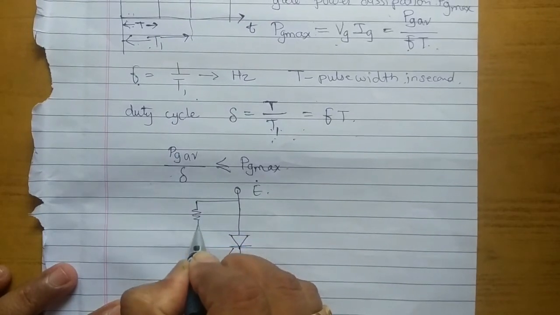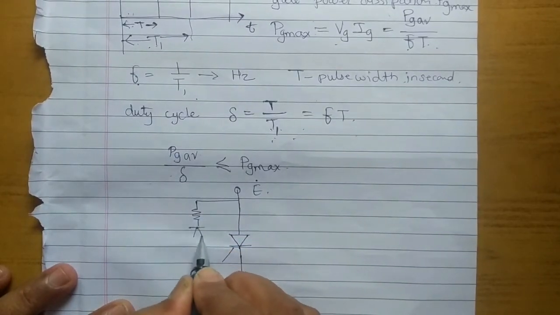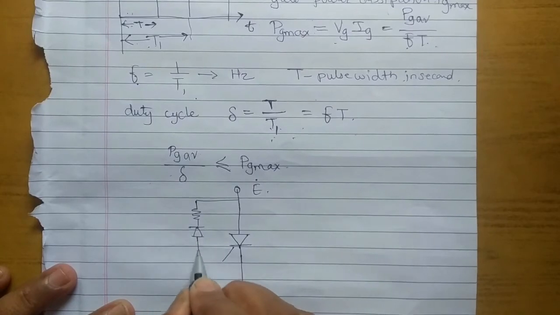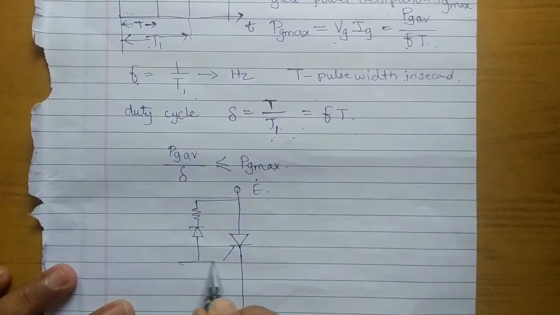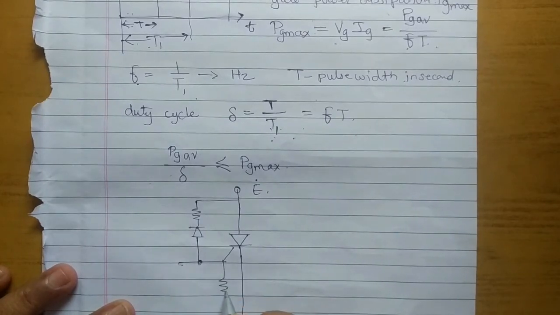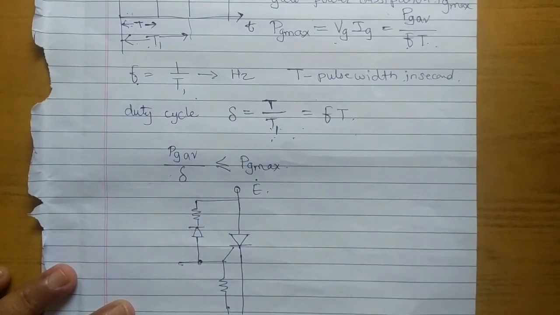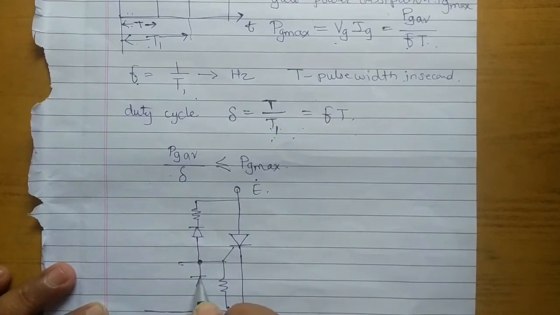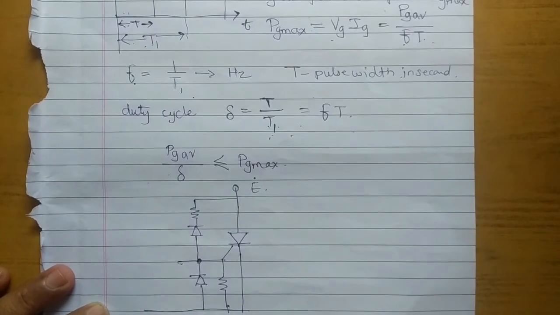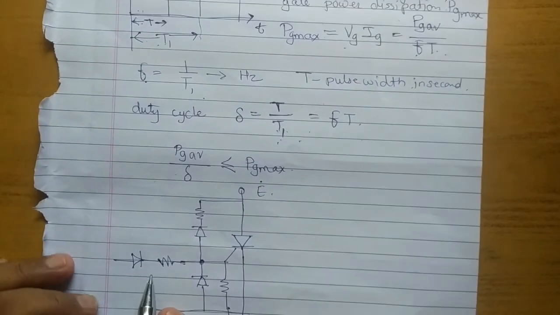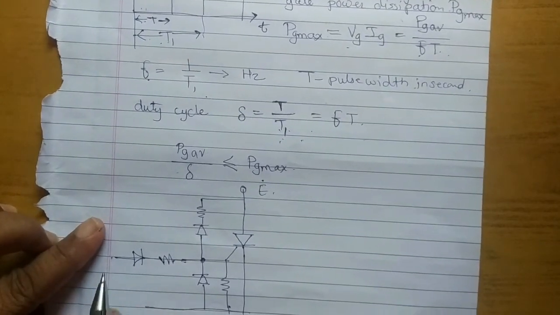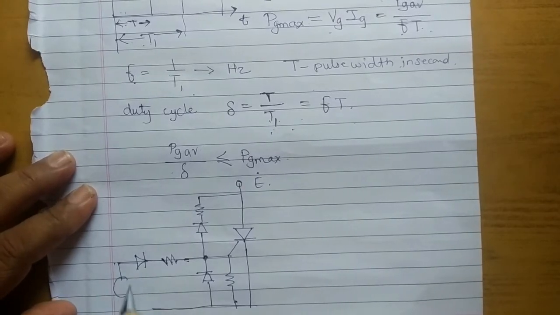So the diode here is connected, then here is the connection, and the resistance is given here, which is connected to this terminal. Similarly one more diode is connected here in between these two. Secondly, here you may connect the resistance, and this is your supply, and you can give the supply here, that is EG.